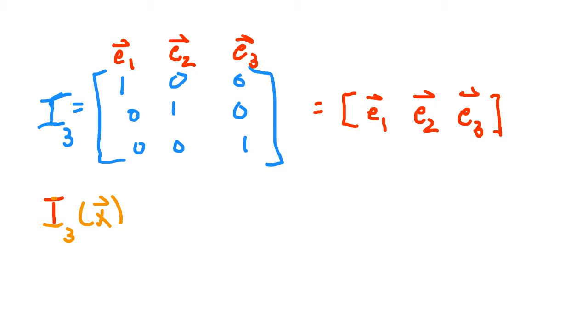We don't want to use the 3 here, because now putting a number there has meaning. Like if I write I sub 2 of x, this means keep column 1, keep column 3, but replace the second column of that matrix I by the vector x.